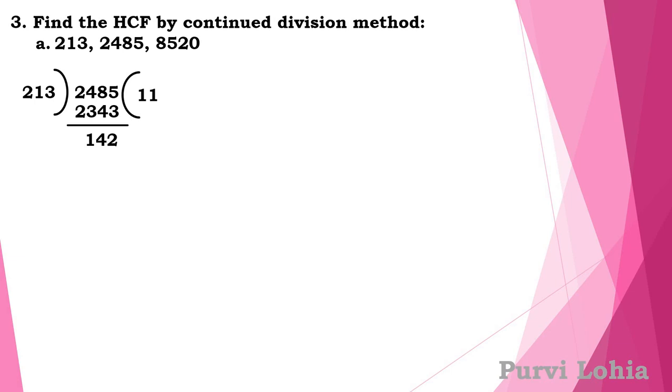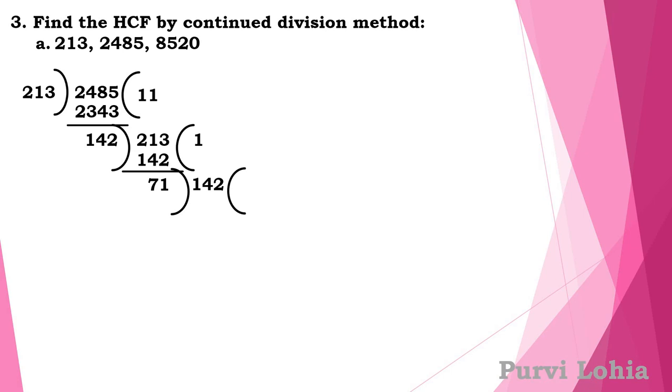Okay. Now this becomes the divisor and 213 will become the dividend. Now it will go one time and the remainder will be 71. Again 71 will become the divisor and 142 will become the dividend.